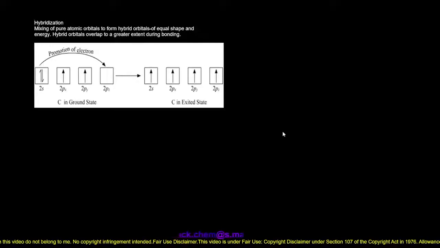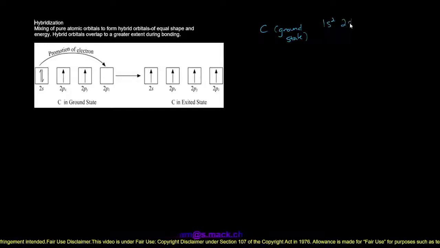Carbon, in its ground state, has an electronic configuration 1s2, 2s2, 2p2. But you know that carbon can be found in a compound such as methane, which is CH4, which tells us that carbon can form 4 bonds.